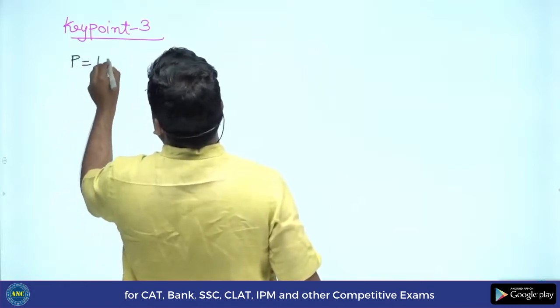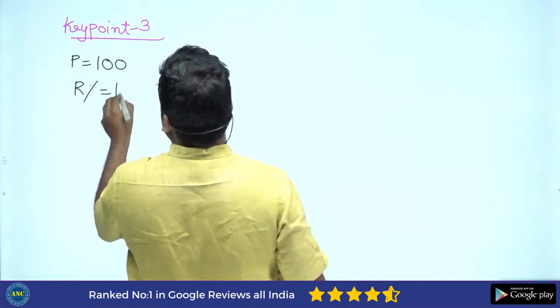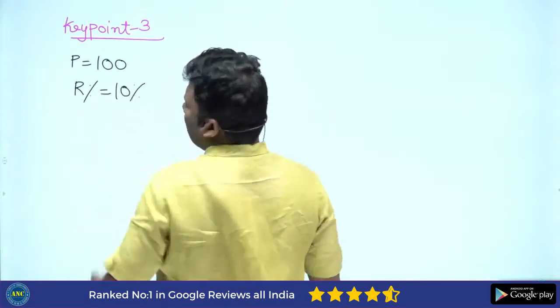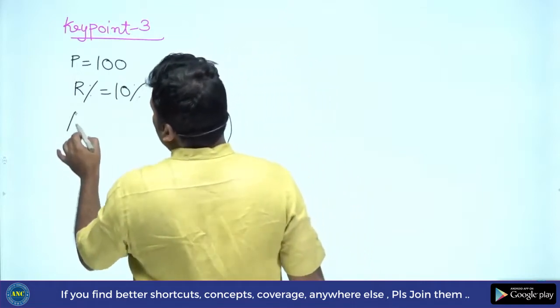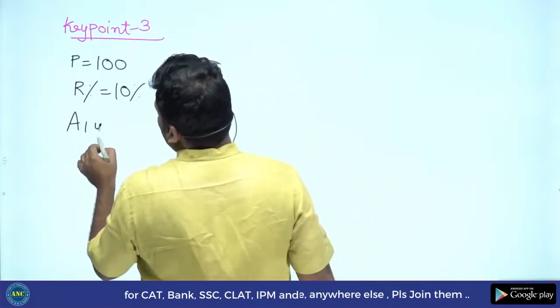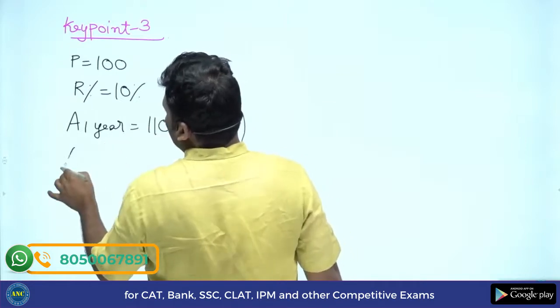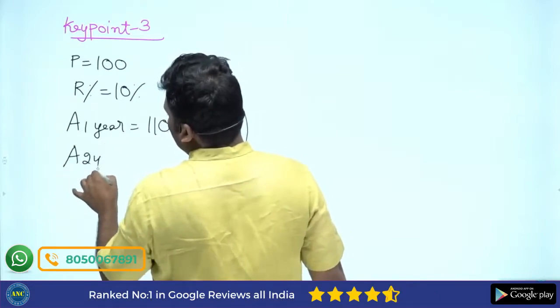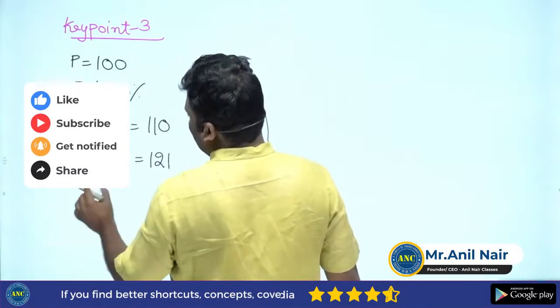If P is 100 and R percentage is 10 percentage, the amount at the end of 1 year is 110. Amount at the end of 2 years is 121.